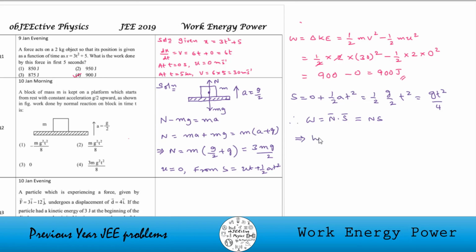So W is equal to 3mg by 2, the N value, into s value, g t square by 4. So that is equal to 3mg square t square divided by 8 is the answer. That is option 4. Option 4 is the right answer.